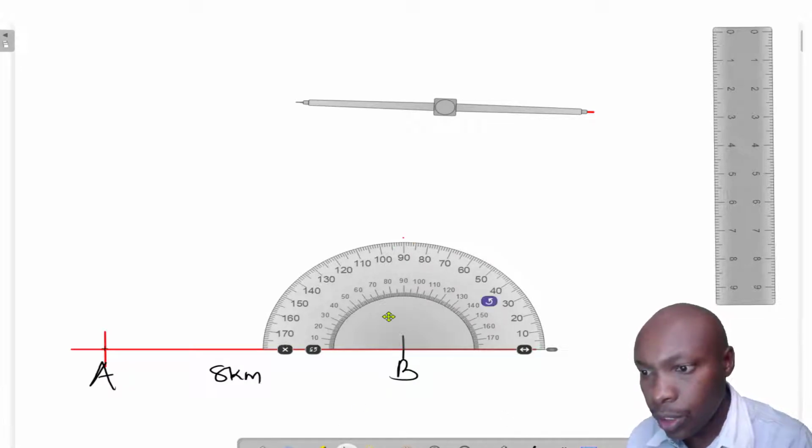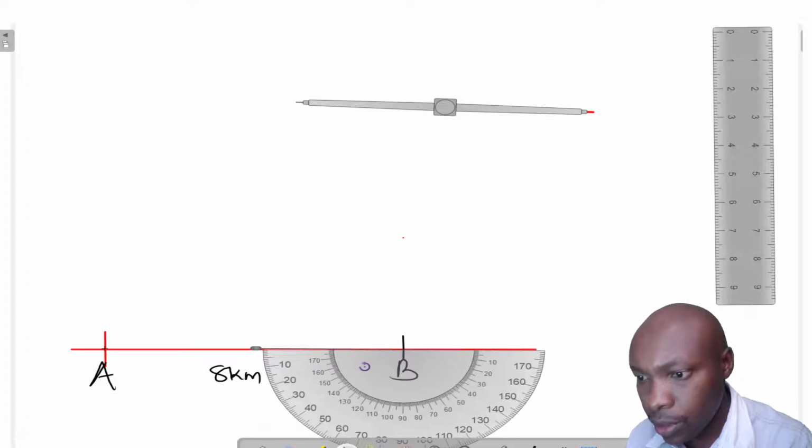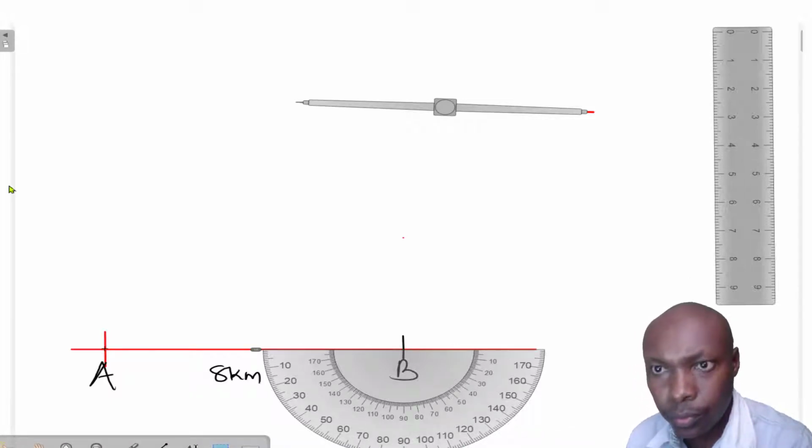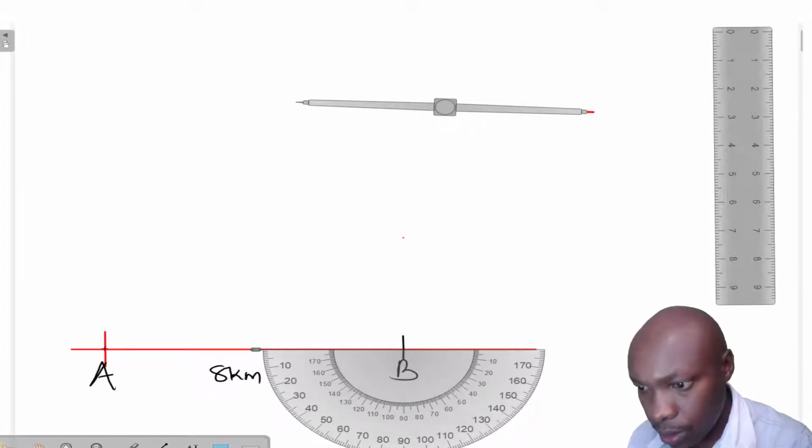This is the point. That will be 90 degrees. And then from there, down here, for the purpose of accuracy, ensure that even down here you have it. So I'll have to mark the other point. It will be somewhere there. That will be 90 degrees, as with this point.